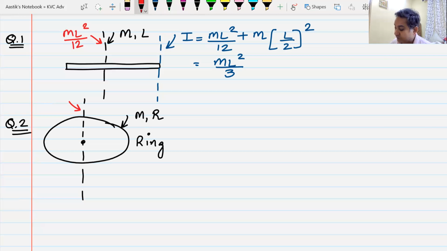Yes. What is this? mr square, sir. Now we can find the moment of inertia about any axis which is tangent and parallel to this. I have drawn one of those axes. Remember, ring is like this. It could be this axis, it could be this axis, it could be any axis.